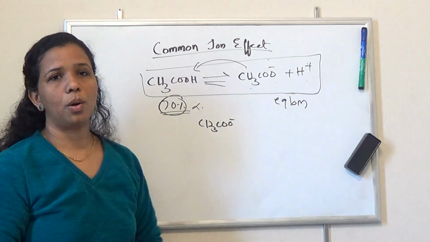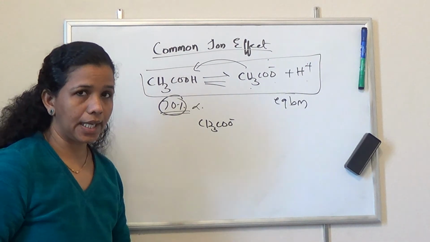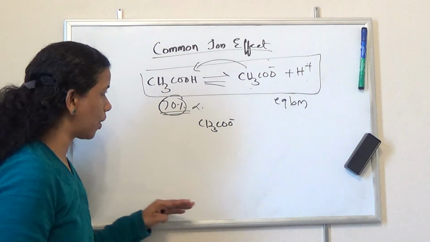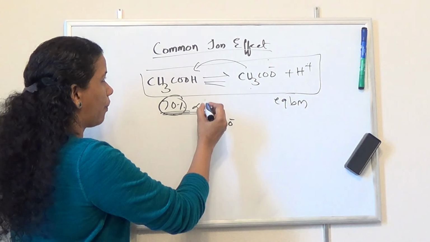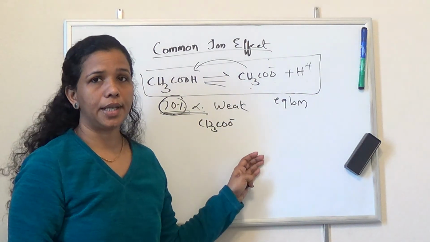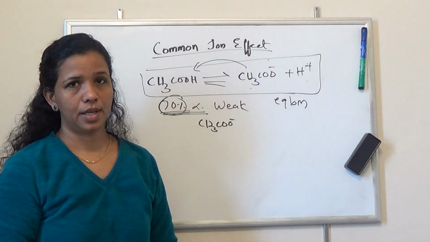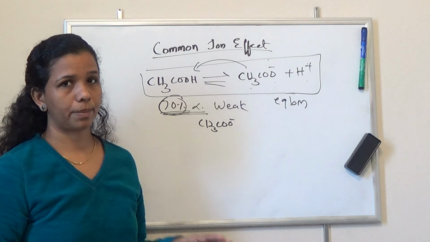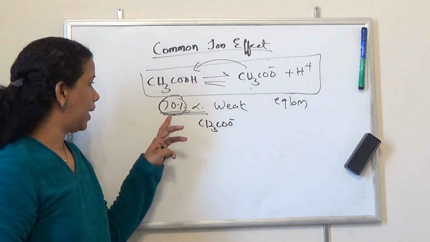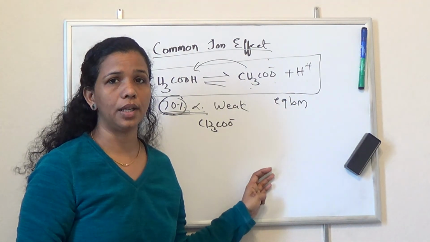That is called the common ion effect. That is, a decrease or suppression of dissociation of a weak electrolyte by the addition of a salt with a common ion.